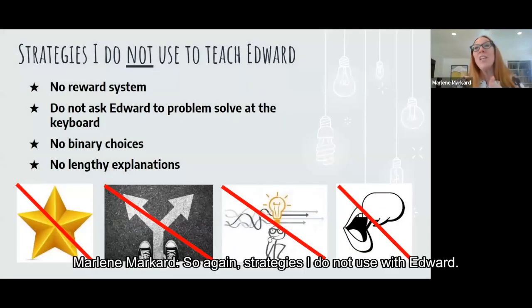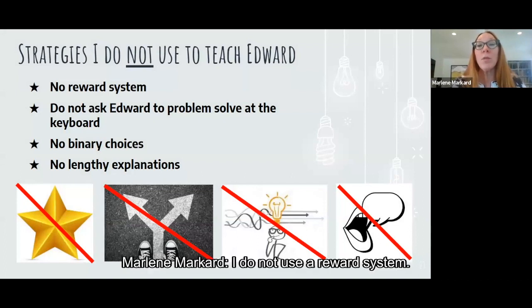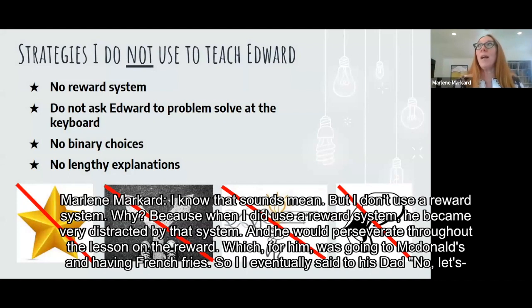So again, strategies I do not use with Edward. I do not use a reward system. I know that sounds mean, but I don't use a reward system. Why? Because when I did use a reward system, he became very distracted by that system, and he would perseverate throughout the lesson on the reward, which for him was going to McDonald's and having French fries.